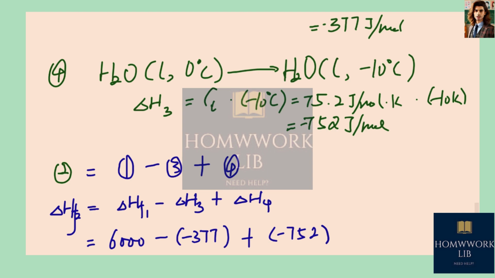And we can do the calculation now. It's around 5.627 kilojoule per mole. And this is the heat of fusion for water at minus 10 degrees C. And this is the answer.